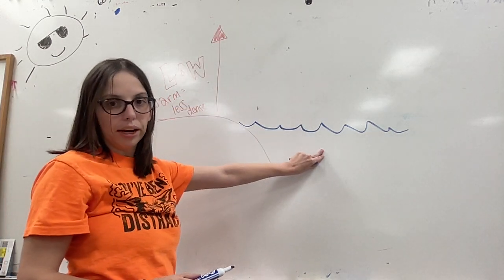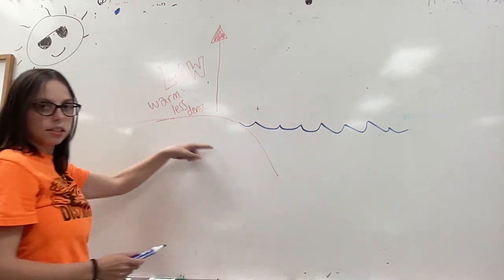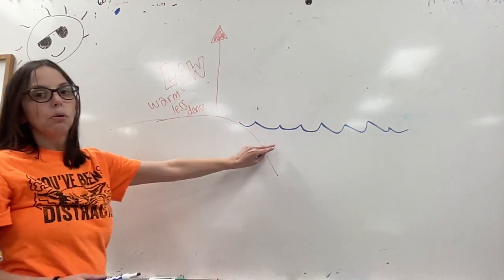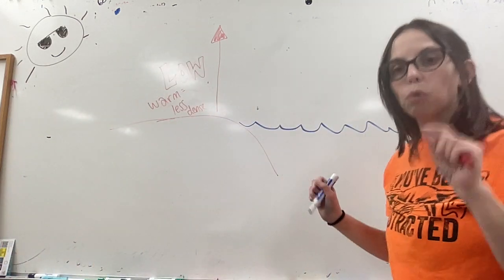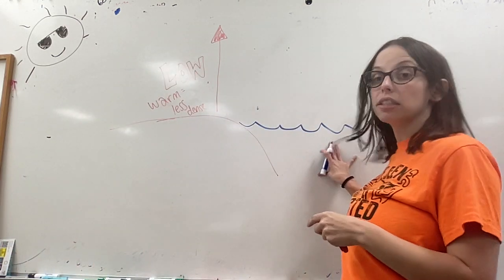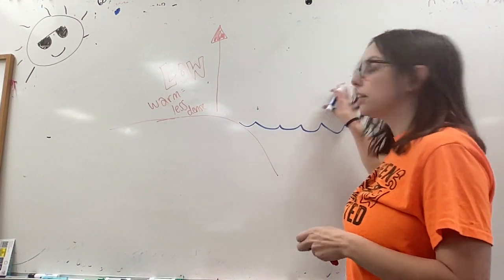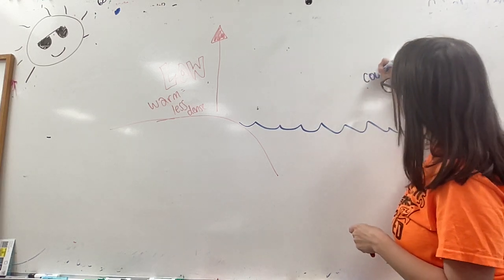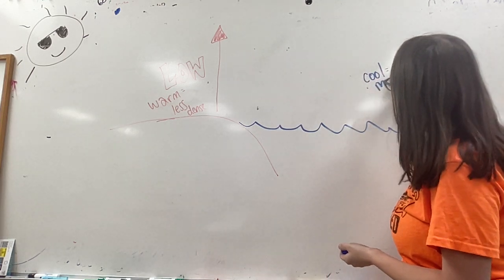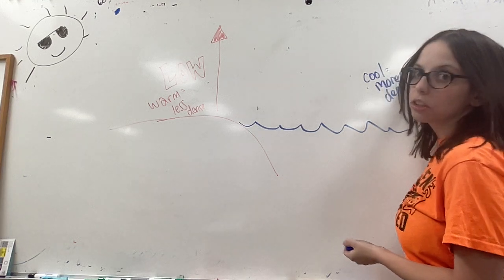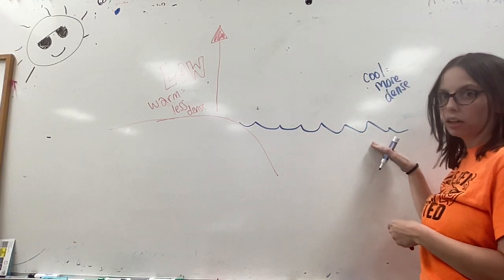Over the water, on the other hand, even though this is getting the same amount of sunshine, water has a high specific heat capacity. It's going to warm up a lot slower. This is going to stay cool. The air above it is also going to be cool, or colder, which means it's more dense. What kind of pressure is more dense air?